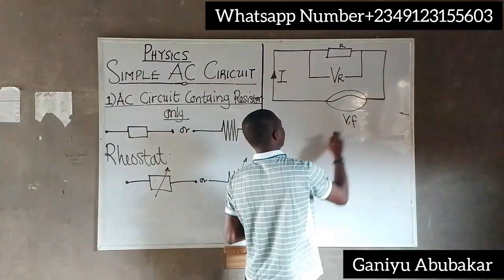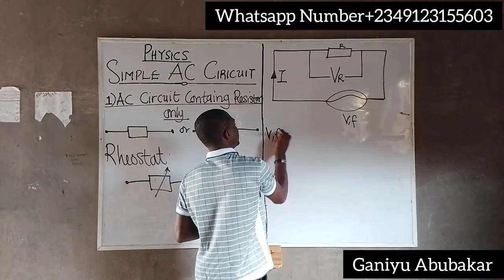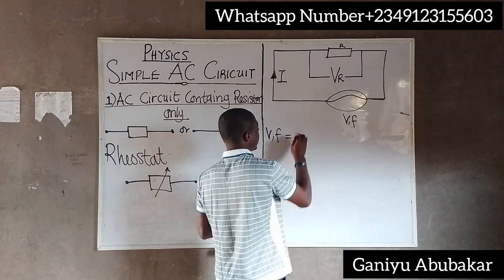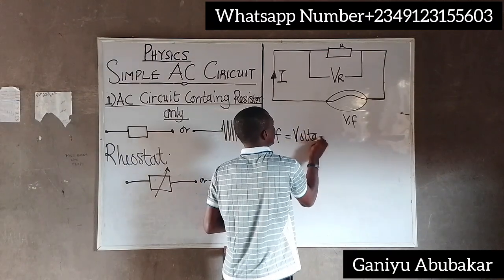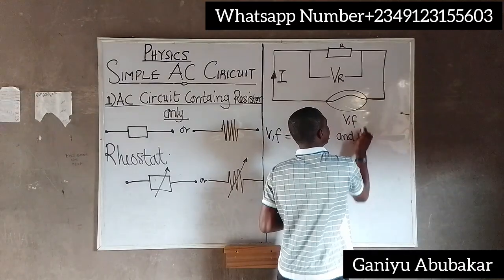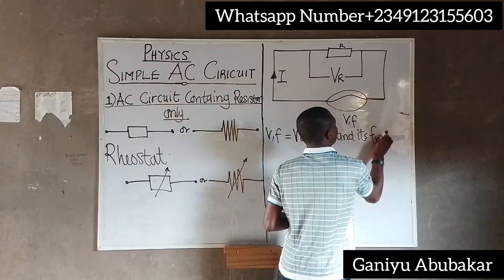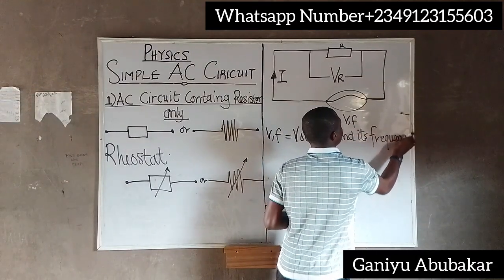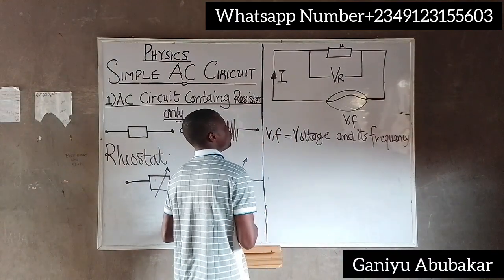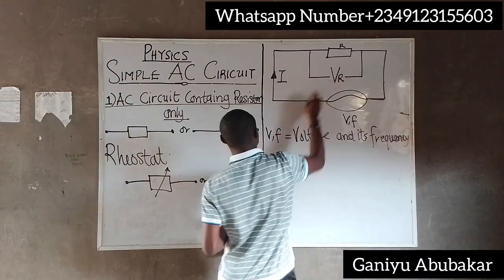This V, F there means voltage and its frequency, right? What's VR? Voltage across resistor.